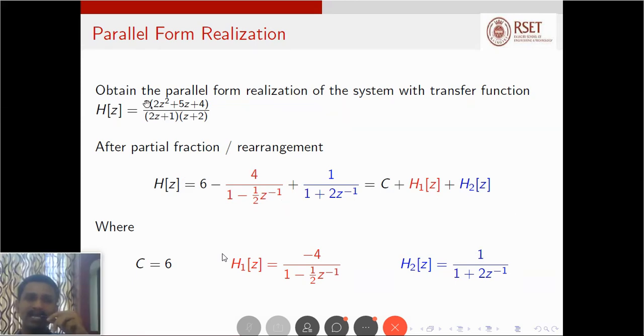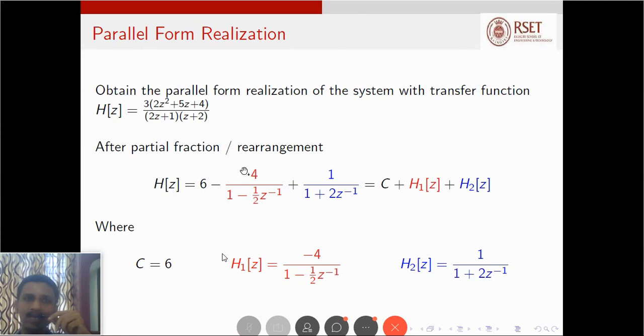The idea is to expand the numerator term and denominator term and divide the numerator by the denominator, and then you will get a quotient and remainder. Then you can arrange like this. After that, for the second term, if you do the partial fraction, then you will get this corresponding arrangement.